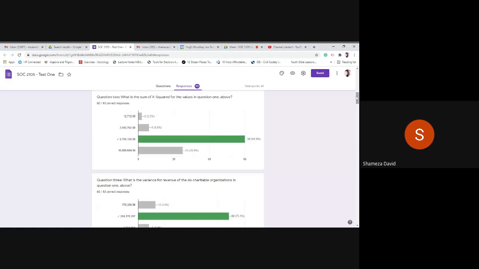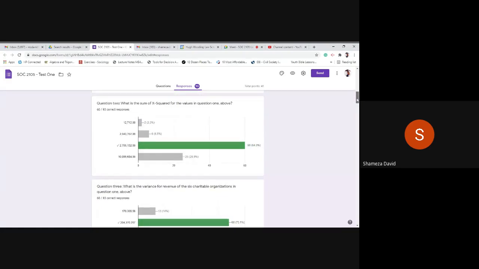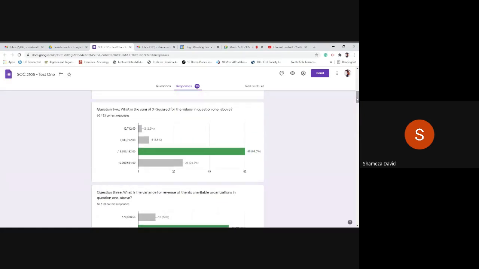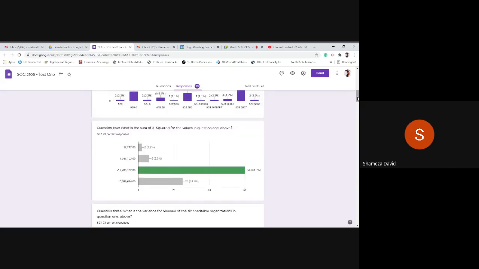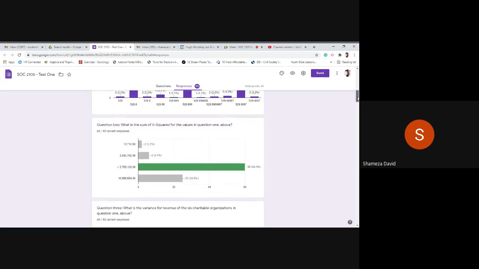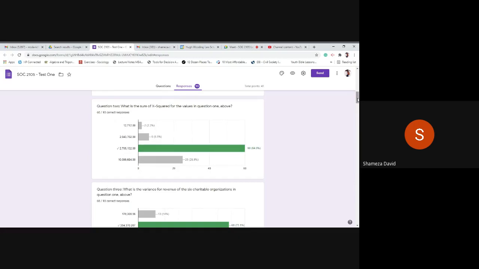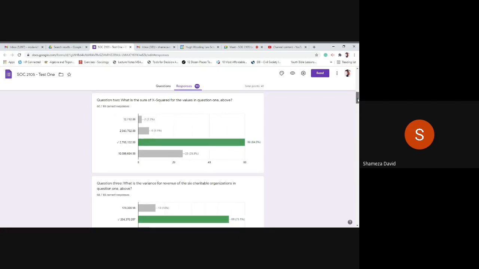To find the sum of x squared, as we discussed and as was provided in the notes and in the videos, you would have had to square all of those individual x values and take the sum of that, and that would give you the sum of x squared.